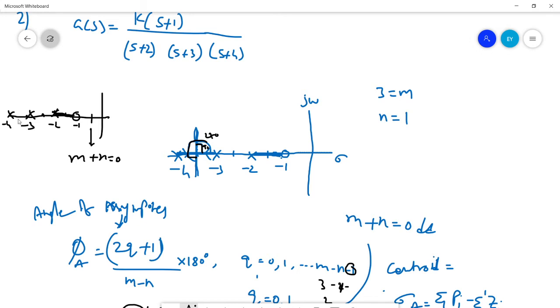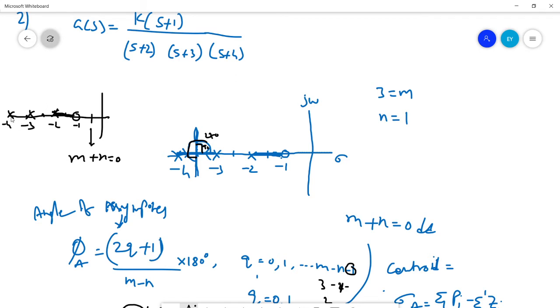As we mentioned, the root locus starts at a pole and ends at a zero or at infinity. In this case, we have 3 poles and 1 zero. One pole will end at the zero, and the other 2 poles should end at infinity, because there are no other zeros here.